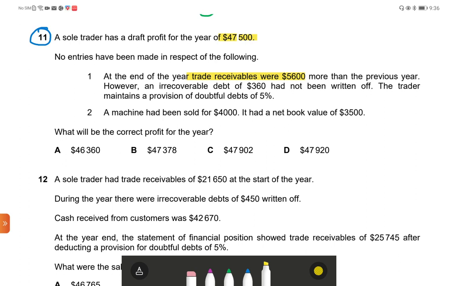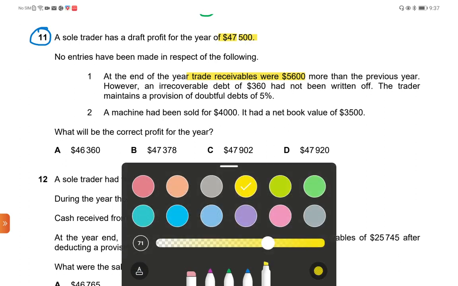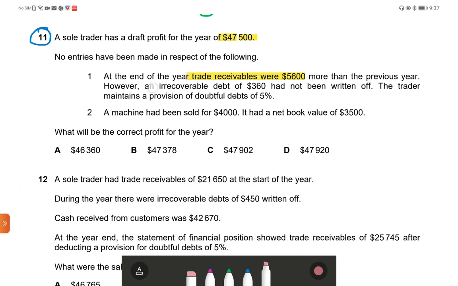However, irrecoverable debt. What is irrecoverable debt? Irrecoverable debt is called bad debt. Bad debt is 3,060 and had not been written off. They forgot to write off this amount. The trader maintains a provision for doubtful debts of 6%.